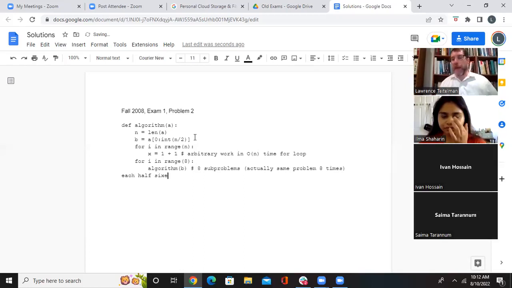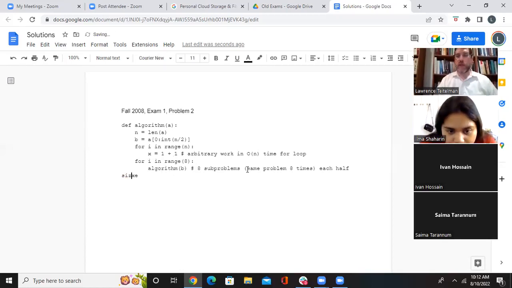Oh wait, are we supposed to be half the size or a quarter of the size? What did it say in the exam? Is it n over 2 or n over 4? N over 4, so we need to make this a quarter of the size.